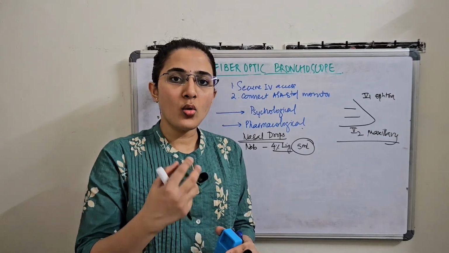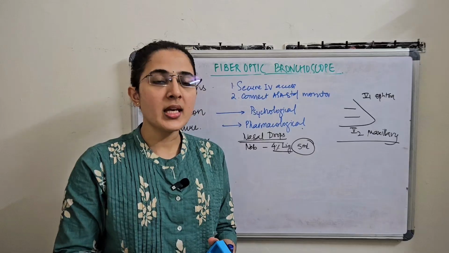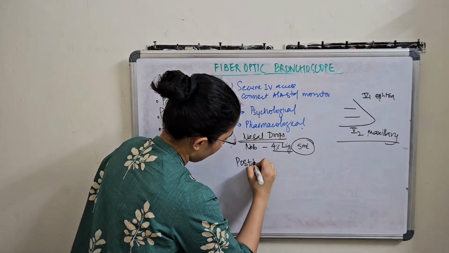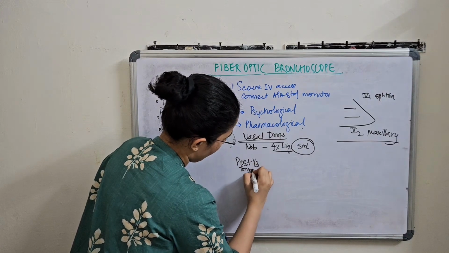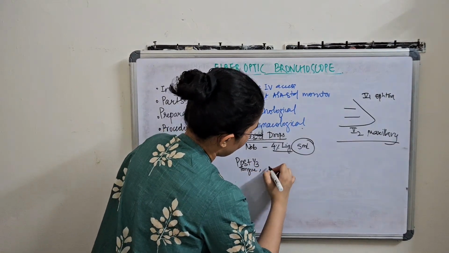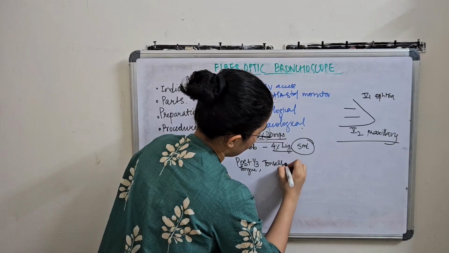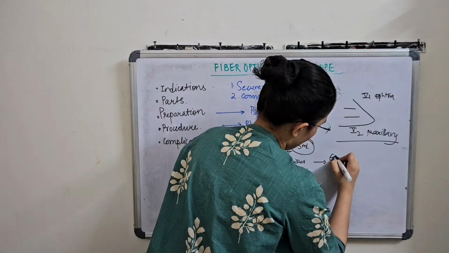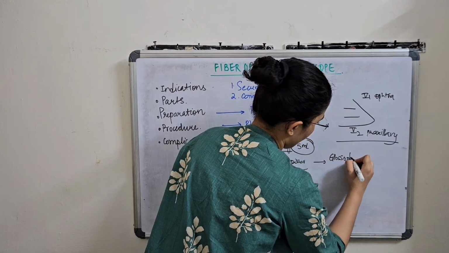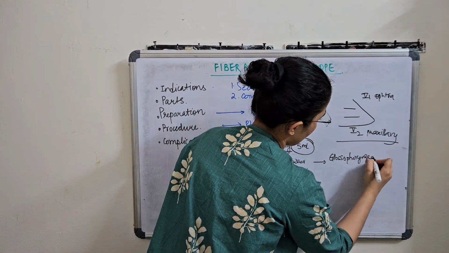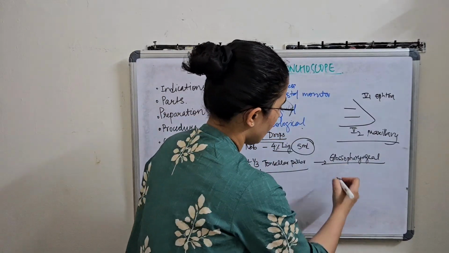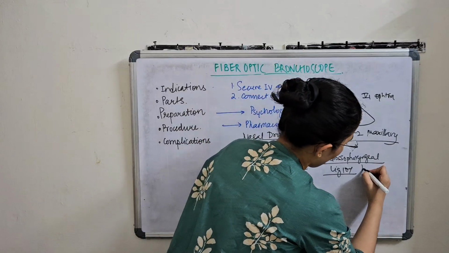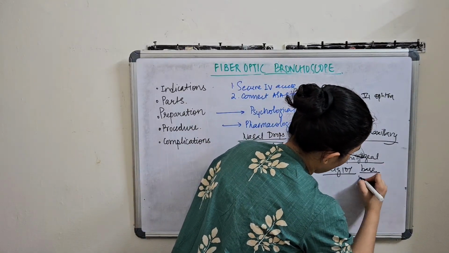When we are doing an oral fiber optic bronchoscopy, we have to remember that the posterior third of the tongue and the tonsillar pillars are all innervated by the glossopharyngeal nerve. So how can we block the glossopharyngeal nerve? This can be blocked by spraying 10% lignocaine at the base of the tonsils at the palatoglossal arch.